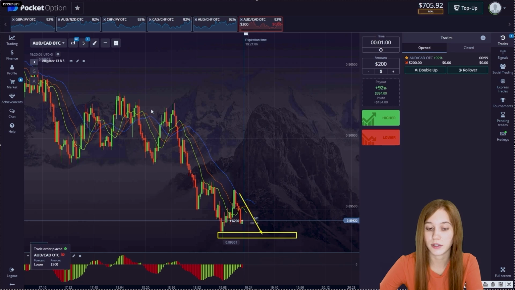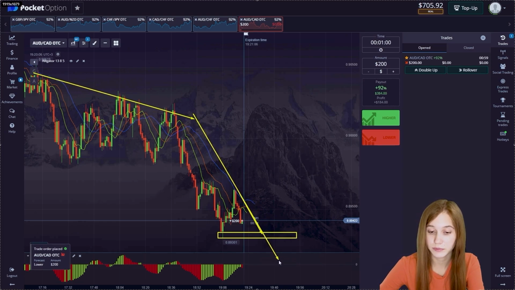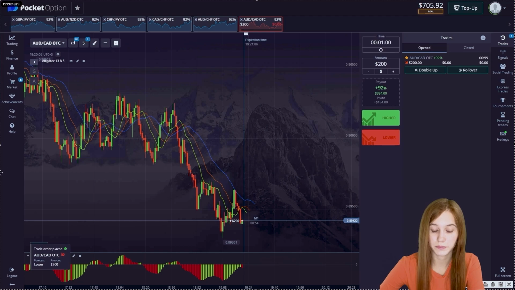We also see by the alligator, three lines are downward.